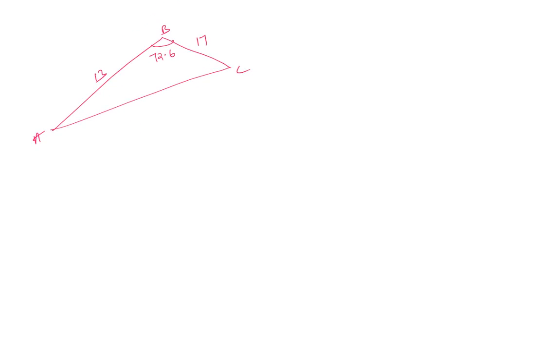Doesn't matter. So using law of cosines, what do we have? Let's call that D. D square is 13 square plus 17 square minus 2 times 13 times 17 times cosine of the angle between them, 72.6. See what we get. Okay, so I'm just going to calculate D here.